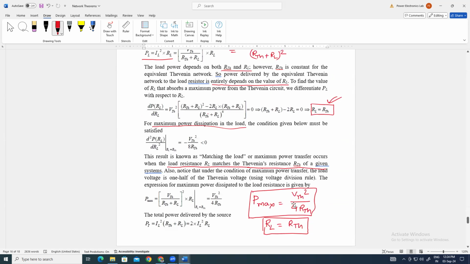Means maximum power depends on the Thevenin voltage and Thevenin resistance. And at maximum power, the load resistor should match the Thevenin resistor. Means the maximum power will be transferred from the source to load when the Thevenin resistance is equal to the load resistance.